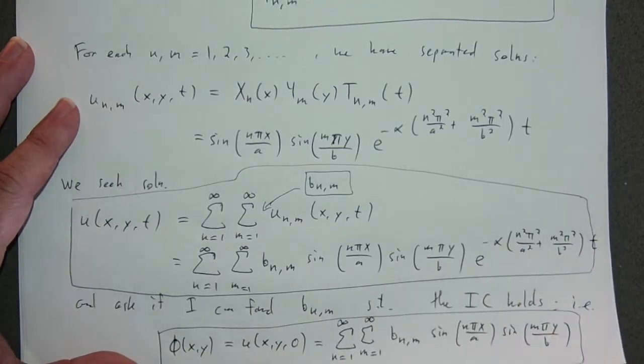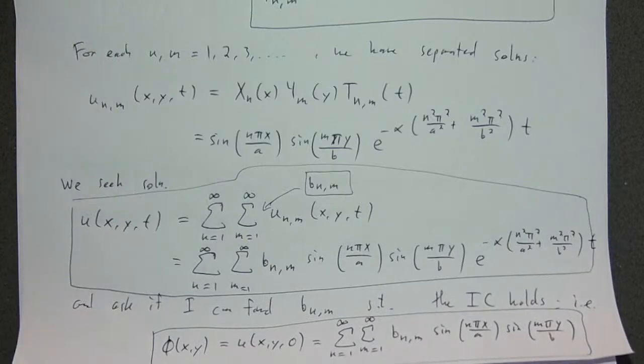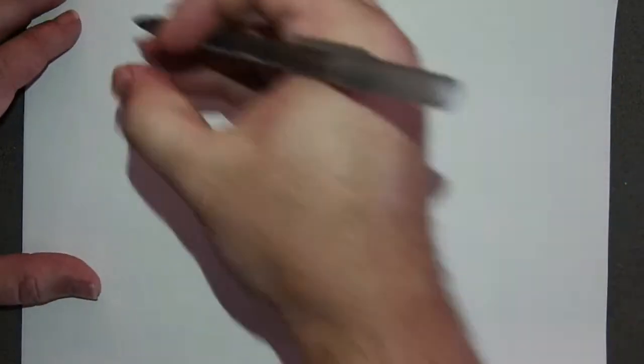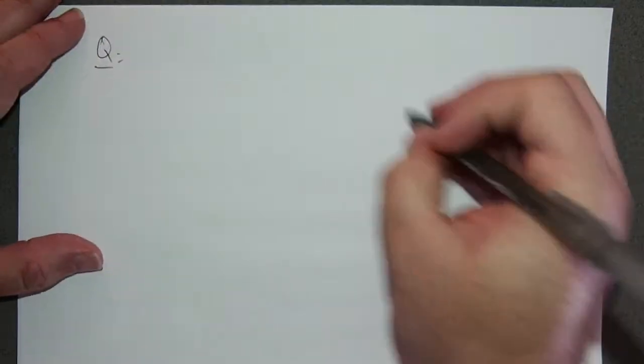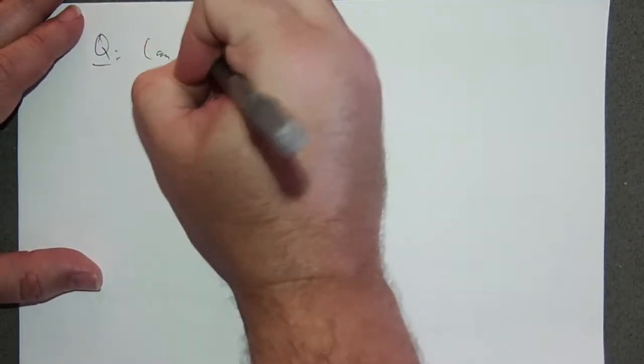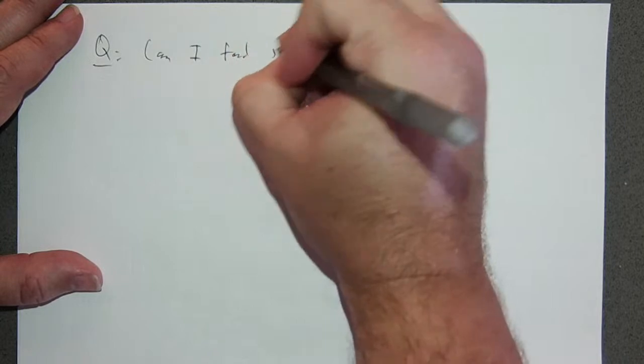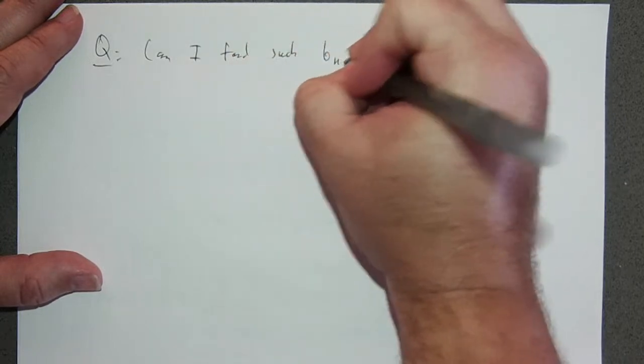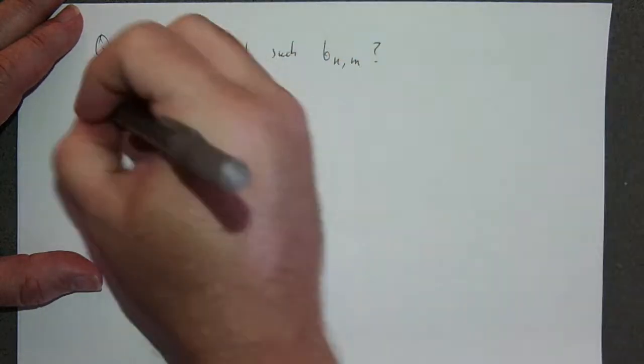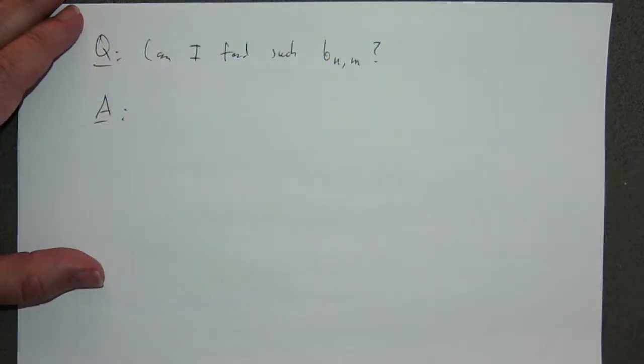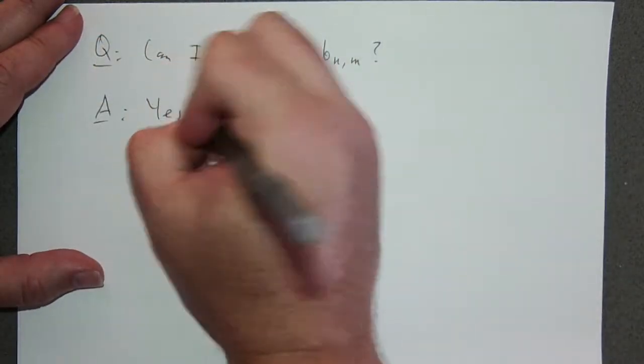So I'm looking for b sub nm that satisfy this. The question is, can I do this? Can I find such b? The answer, again another miracle, yes.